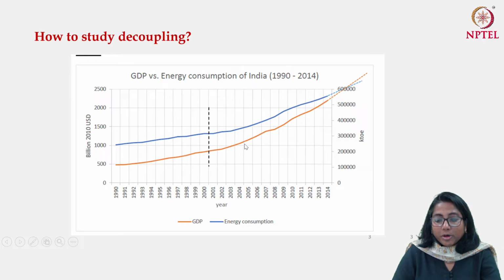However, if you go beyond that, you see that the GDP is increasing at a higher rate, whereas the increase in energy demand is lower. So over this period of time, you can expect that the energy intensity of GDP is falling. It's not staying the same.